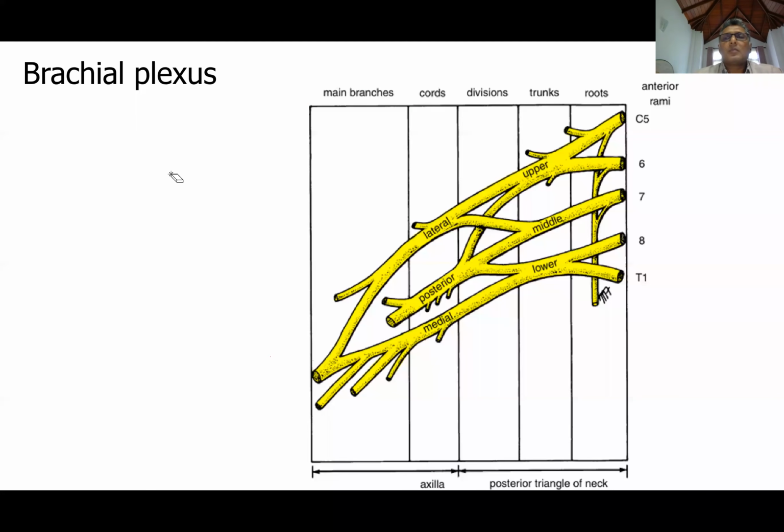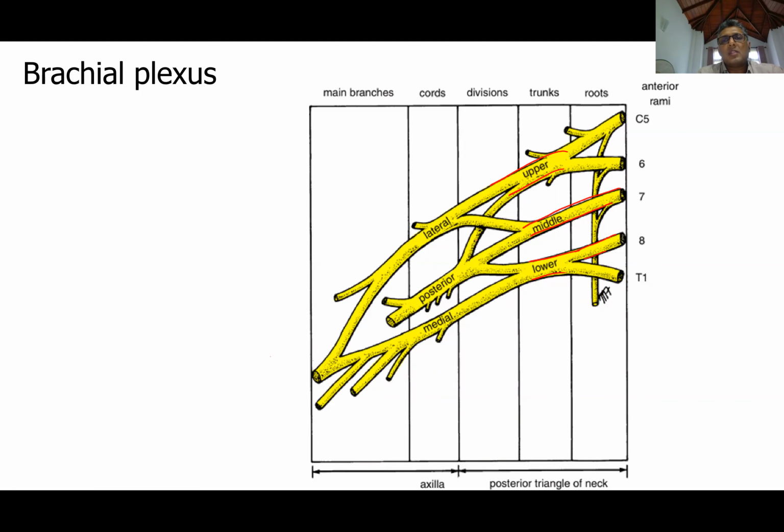So you have roots from C5 to T1, and the upper two roots unite and form the upper trunk. Then the lower two roots unite and form the lower trunk. Then the C7 middle one continues as the middle trunk.